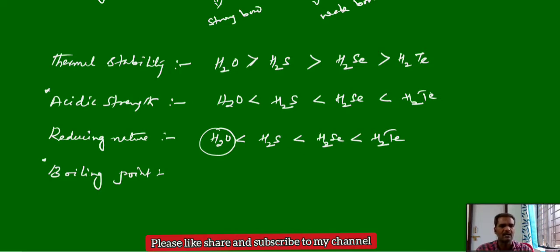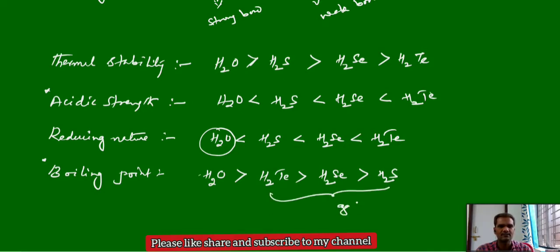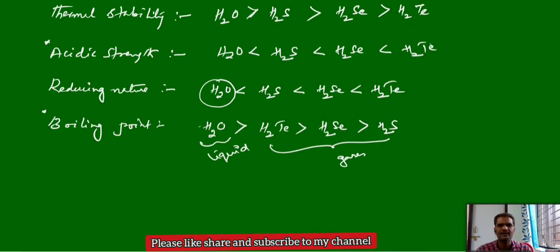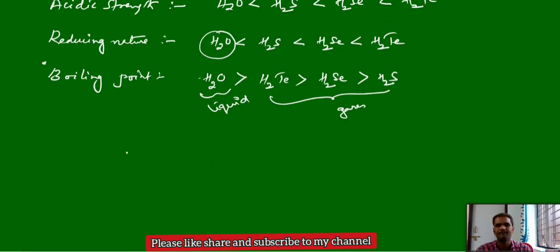So the gases have a lower boiling point compared to water. This is one irregular behavior: water shows the highest boiling point, and after that the boiling point decreases. So you get H2Te, then H2Se and H2S. Why? Because these three are gases at room temperature and water is a liquid at room temperature. And why is it a liquid? That is due to the hydrogen bond.